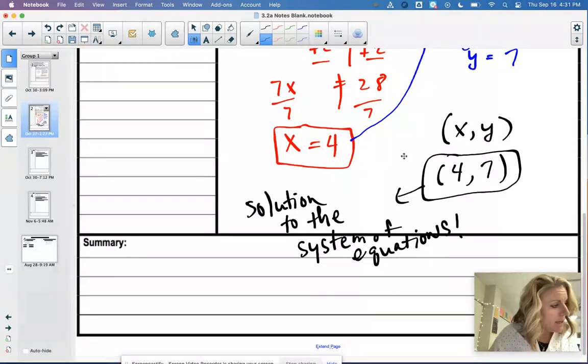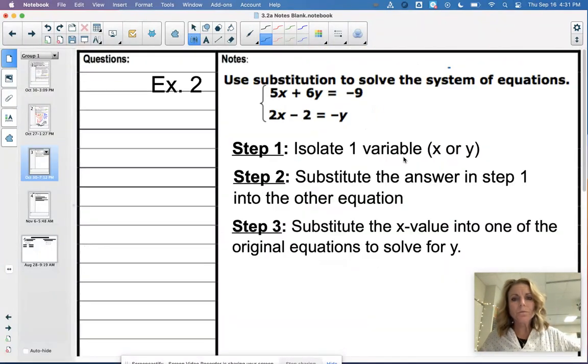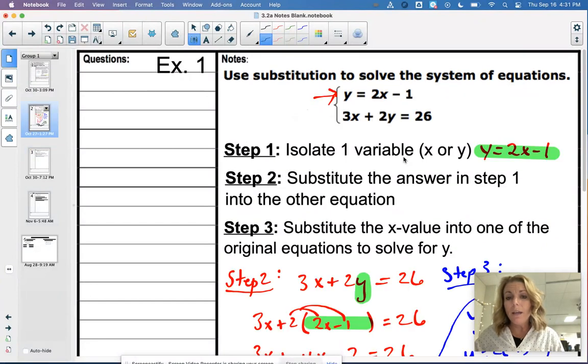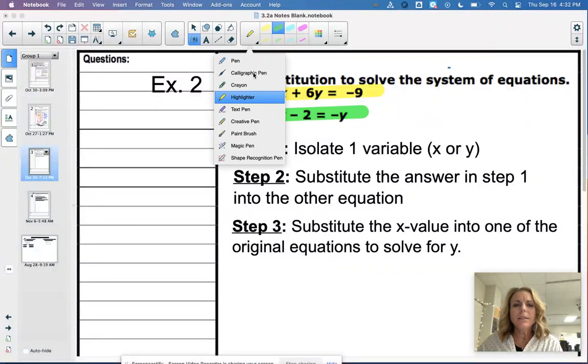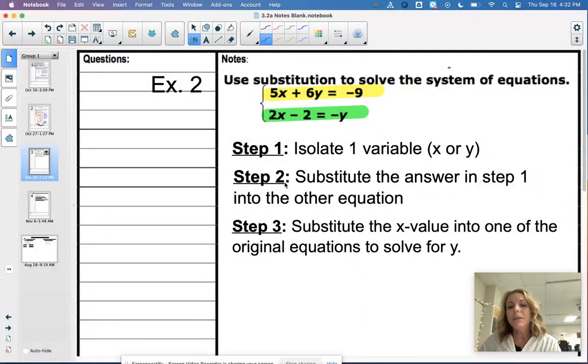All right, example 2. We're going to use substitution to solve the system of equations. In example 1, there was an equation where we had a variable already isolated. It was y. Here we do not. So we have to look at both of these equations and decide which is going to be easier to isolate one of the variables.